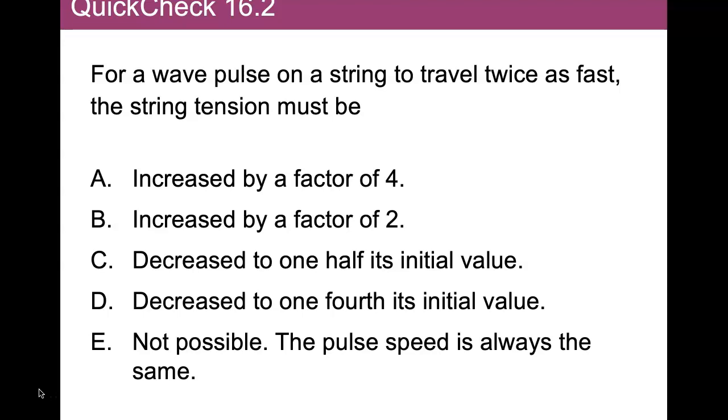The assumption is that it's the same string, it has the same linear mass density. And we know that the speed is proportional to the square root of T. It's the square root of tension divided by linear mass density. So we have to increase it by a factor of 4. The square root of 4 is 2, and we get a factor of 2 in our speed.